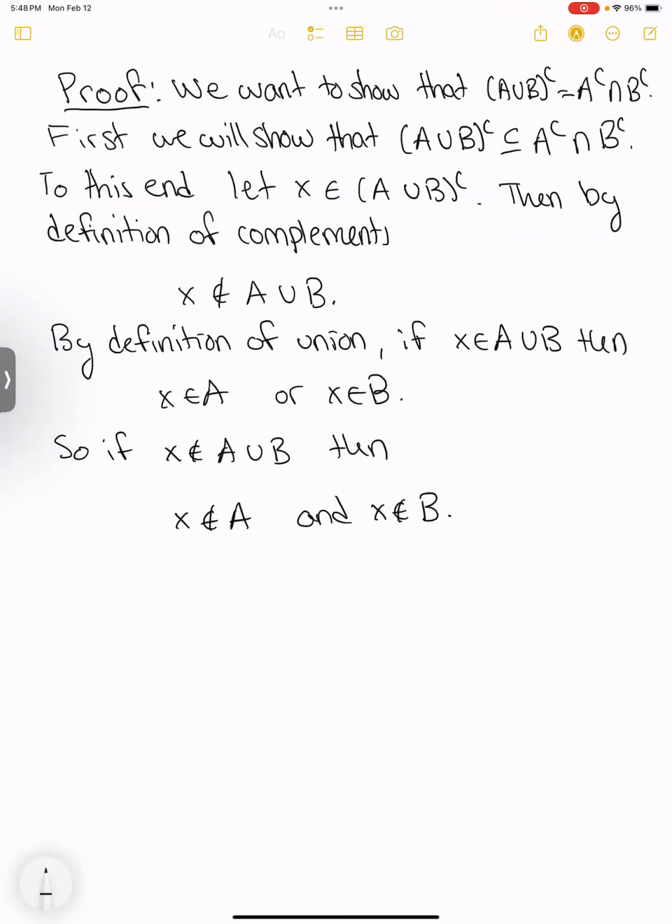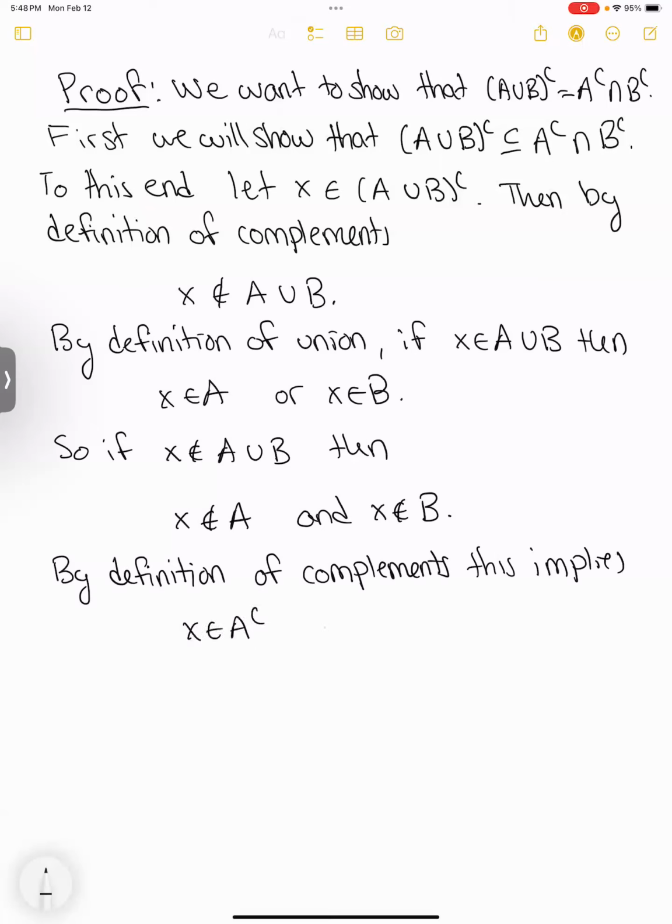Okay, but now we want to use the definition of complements again. So by definition of complements, this implies that X is in A complement and X is in B complement.